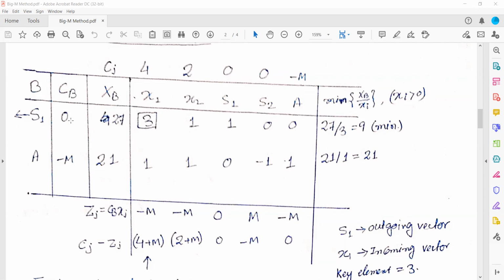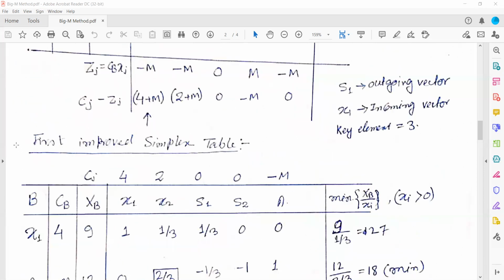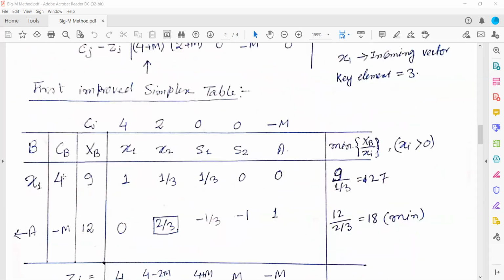So in place of 0, 4 will come, because X1 is the incoming vector. So you need to write the coefficient of the incoming vector, that is X1, from the objective function. So that is your 4.